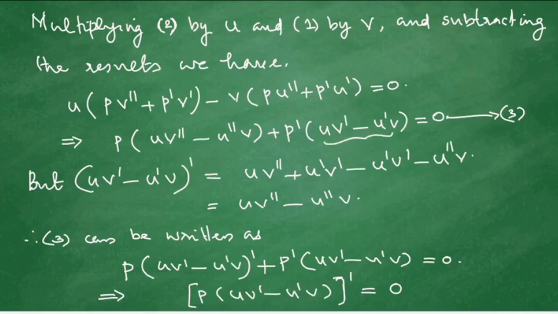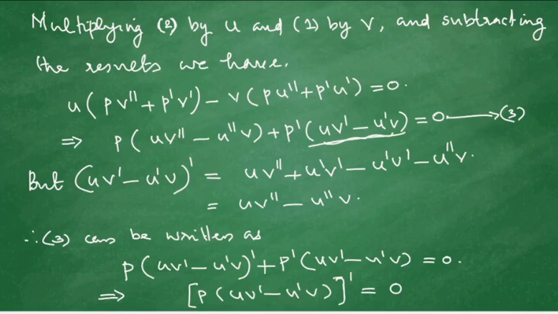Once again, consider the factor in the first term, u v double dash minus u double dash v. This function is the derivative of u v dash minus u dash v.